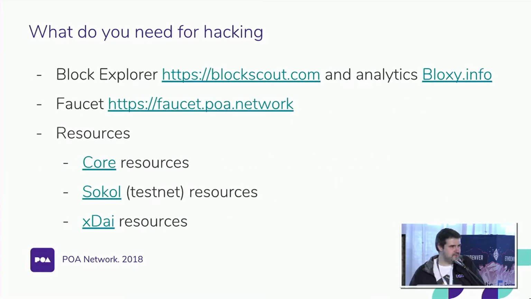OK, so what do you need for hacking? You can use our blockchain explorer, which is a full-featured blockchain explorer for POA or xDAI. And today, our friends from Bloxy started an instance of Bloxy Analytics for xDAI. So it's also cool to use. You can use a faucet to get free coins on our testnet. And we have multiple links with resources.